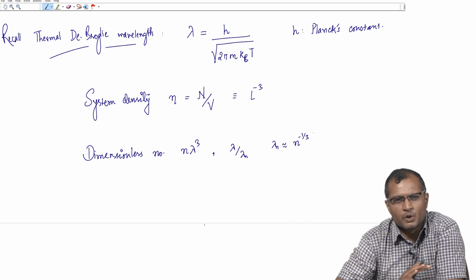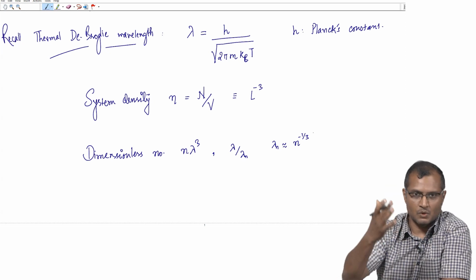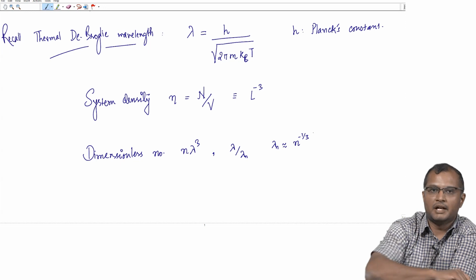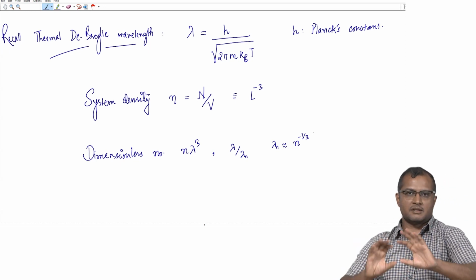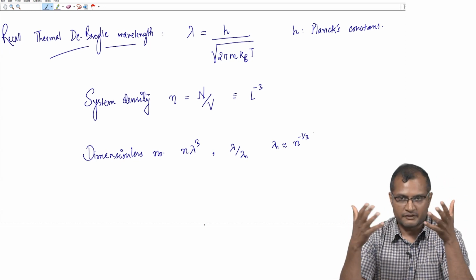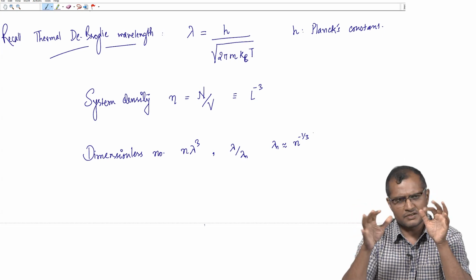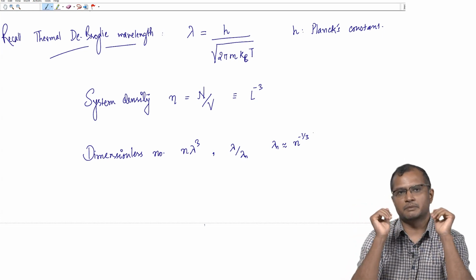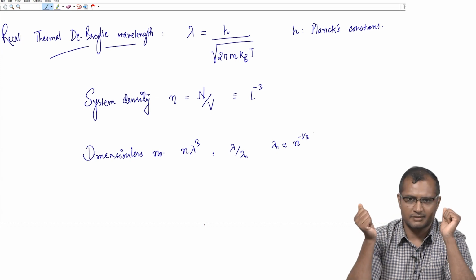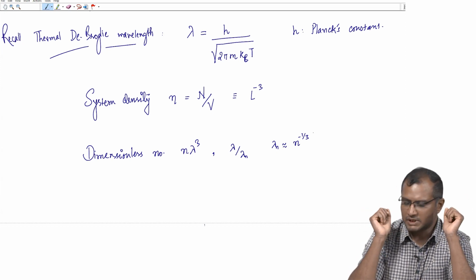But since we normally work with density, which is known to us, for example, for copper, I know that the number of electrons in the metal, free electrons, is of the order of 10 to the power 28 per meter cube. I know the densities, I know the density of hydrogen in this room.